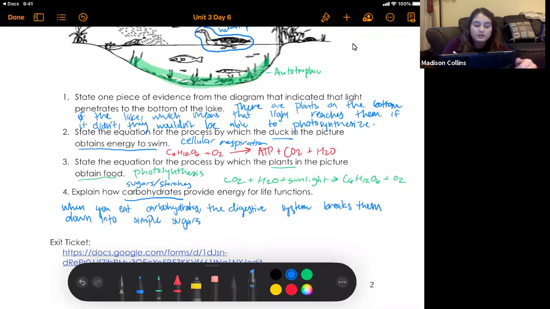And that simple sugar might just be glucose. But then what happens to the glucose? So glucose diffuses across your cell membrane, which means it travels into your cells.